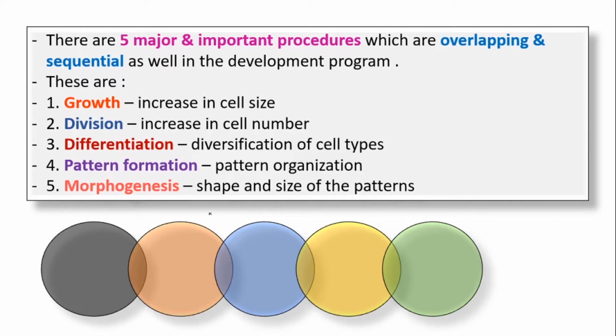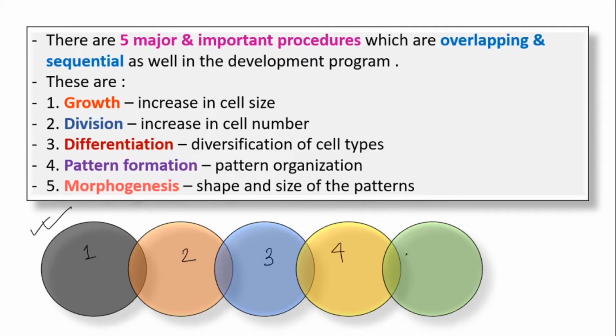These steps are: first growth, second division, third differentiation, fourth pattern formation, and fifth morphogenesis.